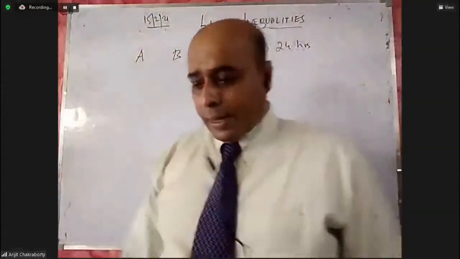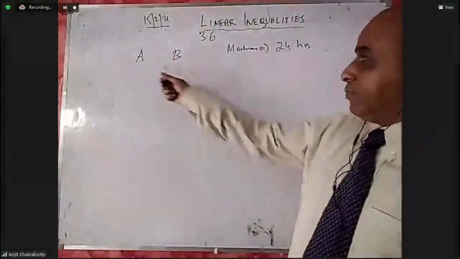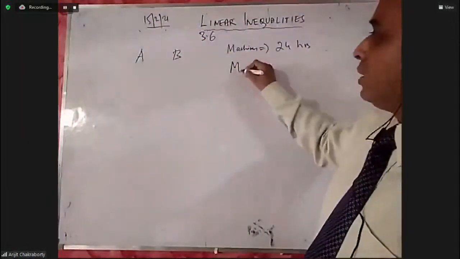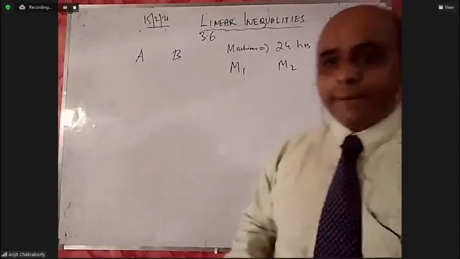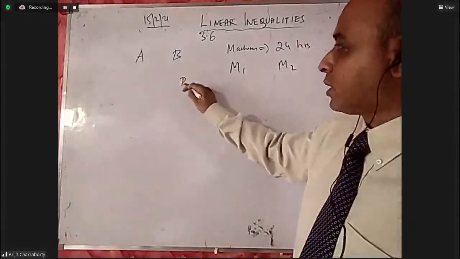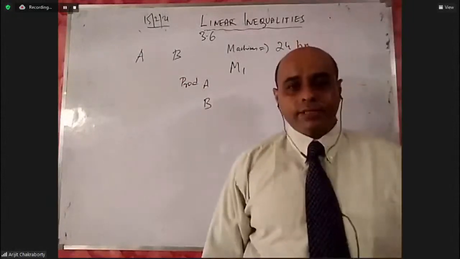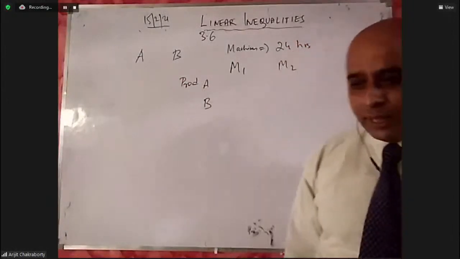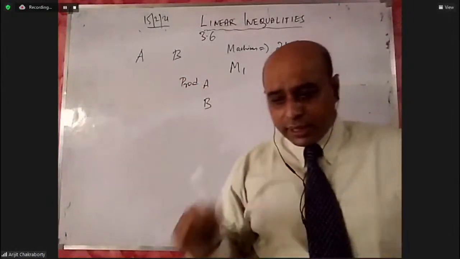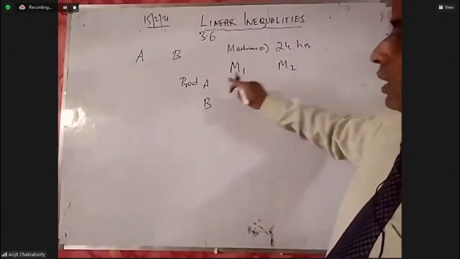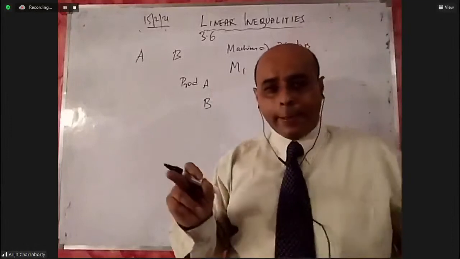There are two machines, M1 and M2, okay? And we have product A and product B. Please see carefully, right? So product A requires 2 hours of processing in machine M1.